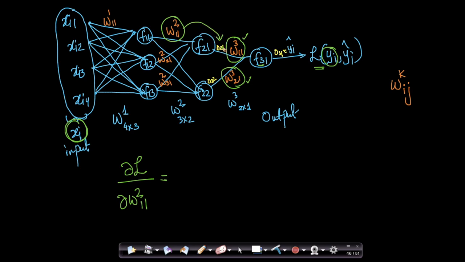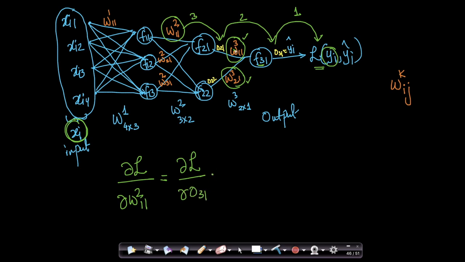This O21 goes into F31 and it impacts O31. Your O31, which is nothing but y hat, goes into your loss function and it impacts the loss function. So there are 3 steps here, 1, 2 and 3. Let's write down those steps. The third step is the derivative of L with respect to O31.